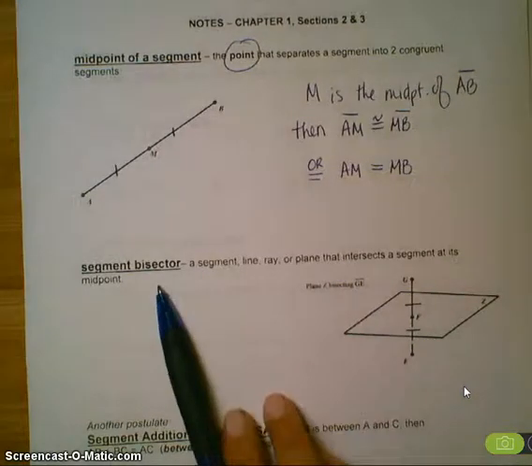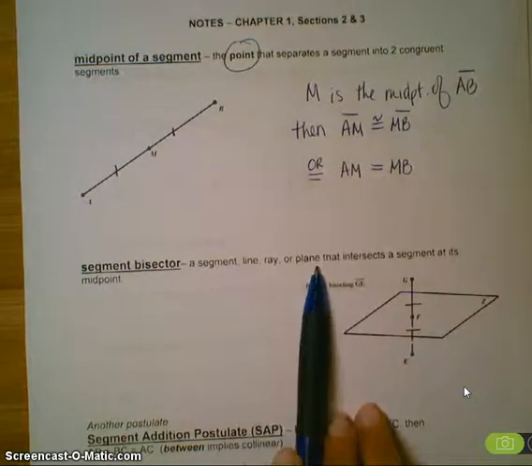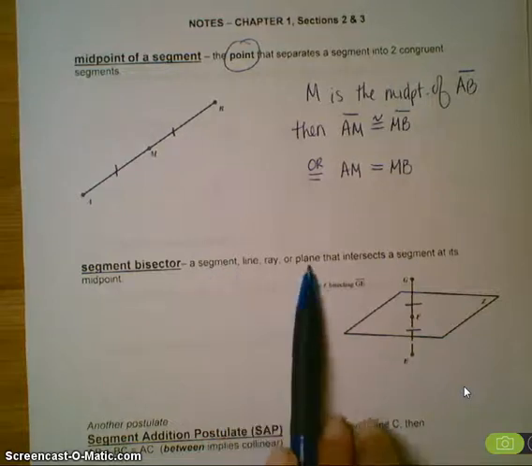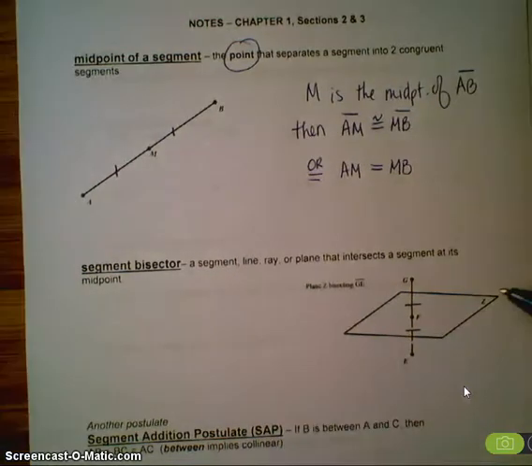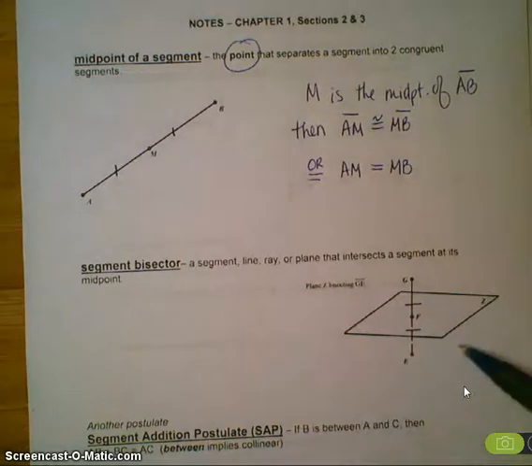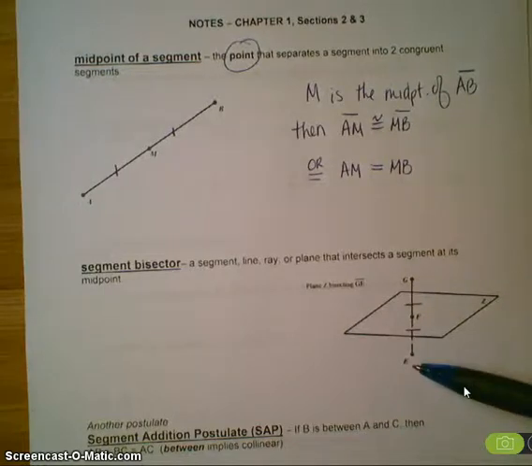A segment bisector is a segment, a line, a ray, or a plane, so basically almost any object that intersects a segment at its midpoint. In this picture, you can see that plane Z is intersecting and bisecting segment GE.